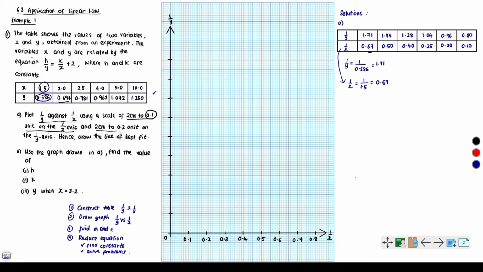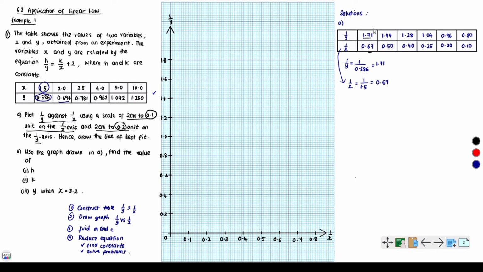Next, 2 cm to 0.2 unit on the 1 over y axis: 0.2, 0.4, 0.6, 0.8, 1.0, 1.2, 1.4, 1.6, 1.8, because the largest number in 1 over y is 1.71.